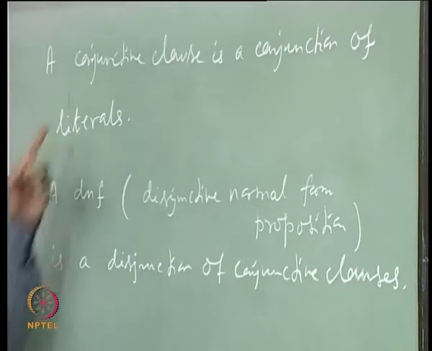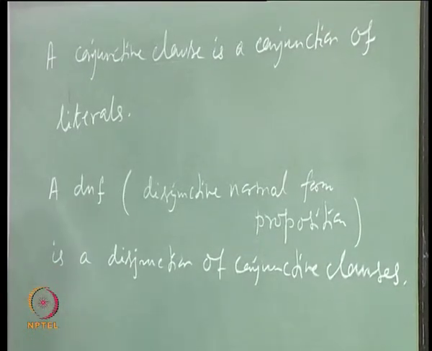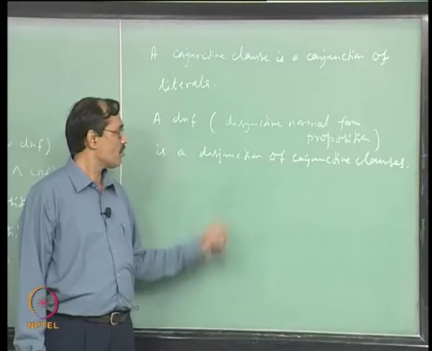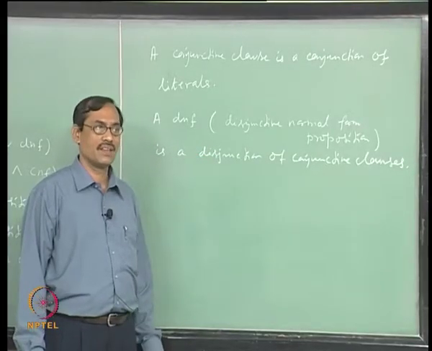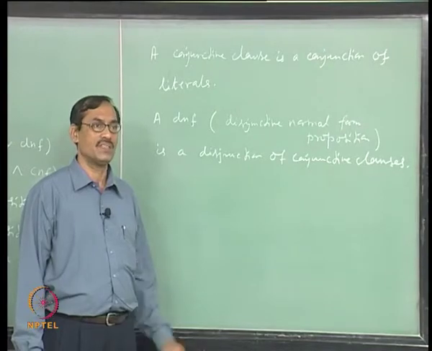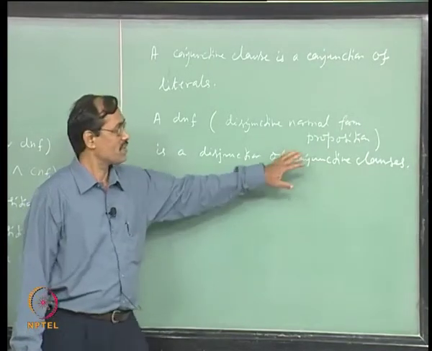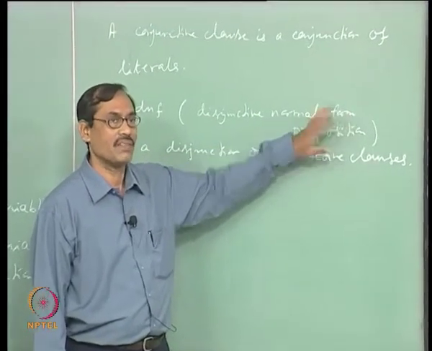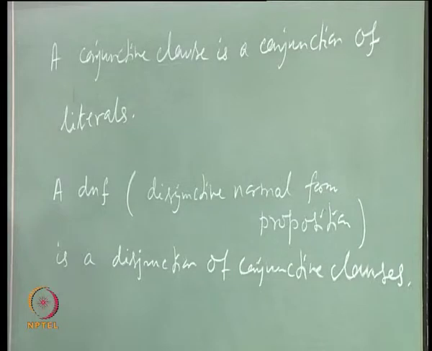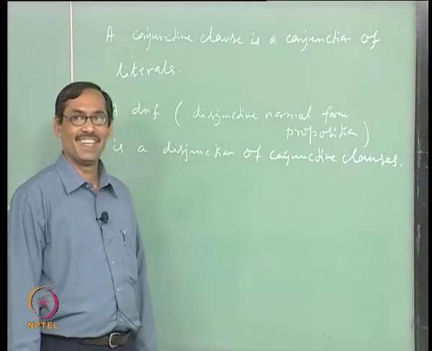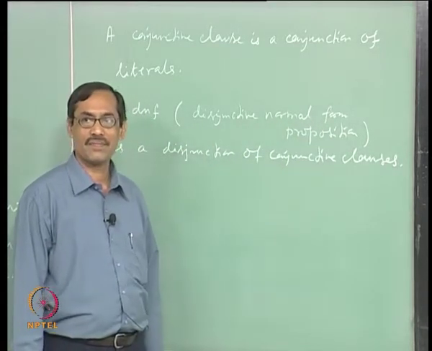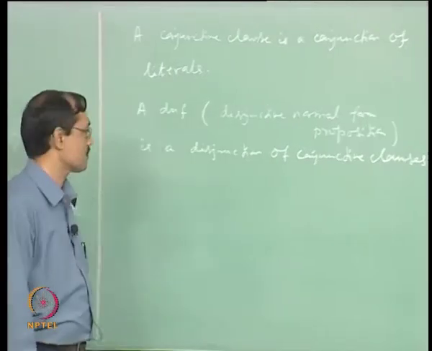So, again with the same convention, if you have a single conjunctive clause, that can also be considered as a DNF, right. The word DNF is used in two ways. We say a proposition is in DNF. So, there we do not read this proposition word, right. We say proposition is in disjunctive normal form. Also, a proposition which is in DNF, we say it is a DNF, right. So, in that case we read DNF means disjunctive normal form proposition. Okay, both the ways it is being used.